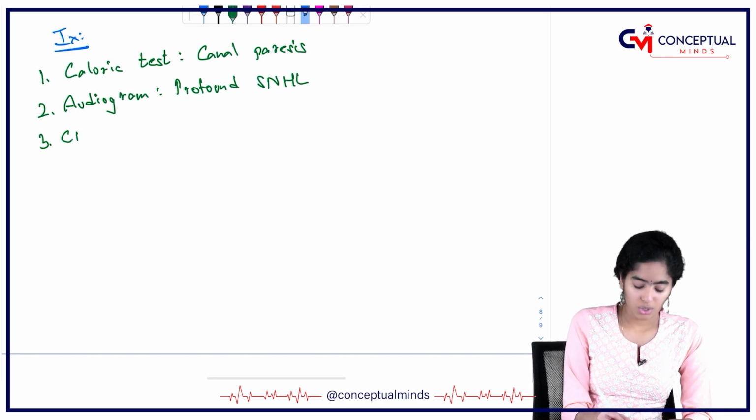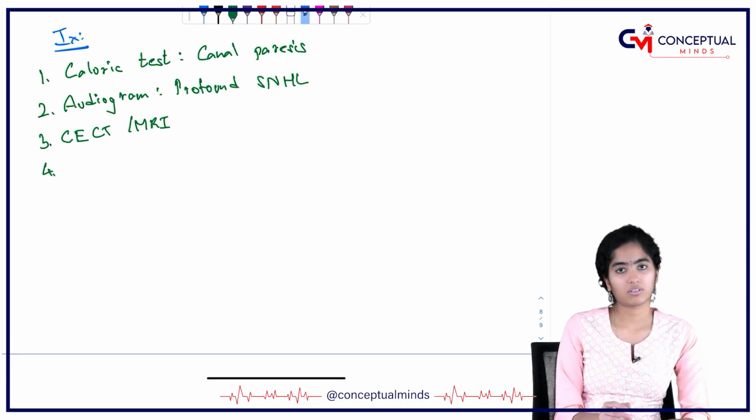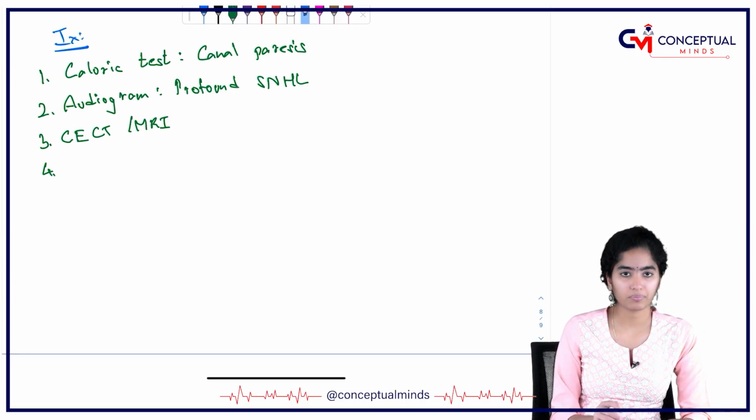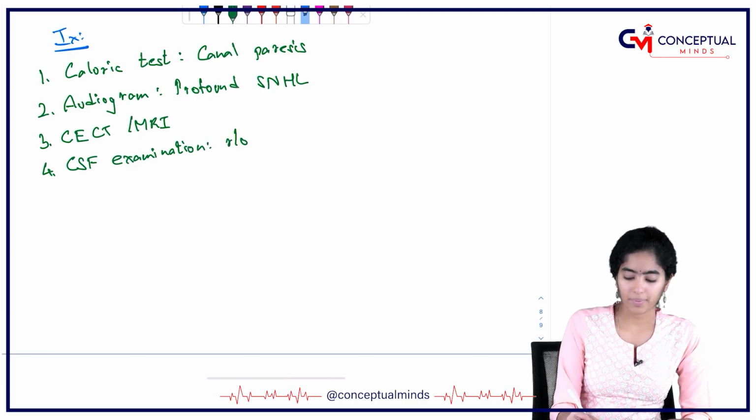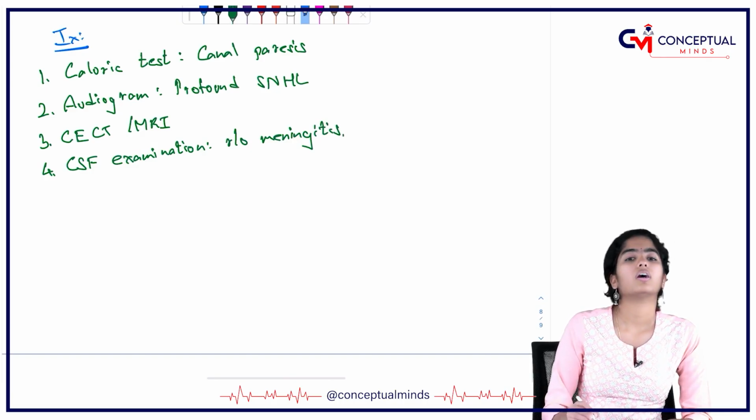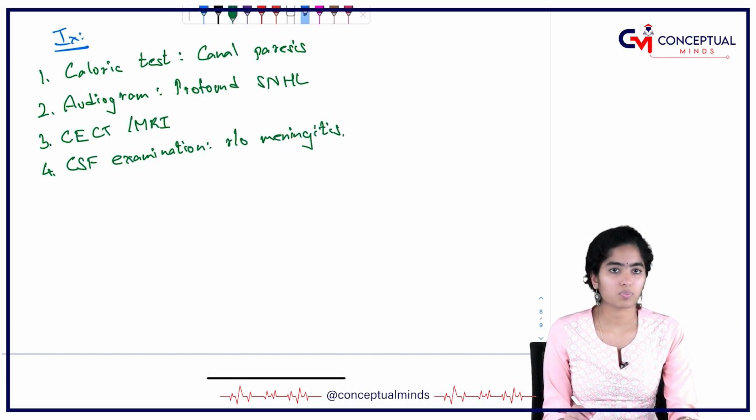We can do a contrast enhanced CT or an MRI to look at the extent of destruction. And even a CSF examination is done. Why a CSF examination done? To rule out meningitis. These are the investigations performed.